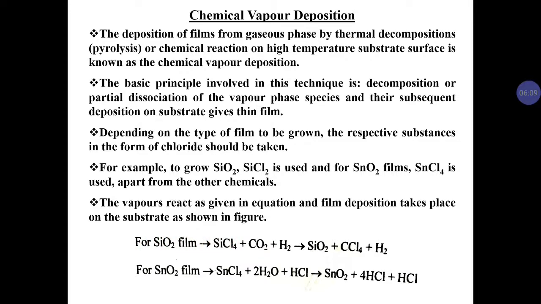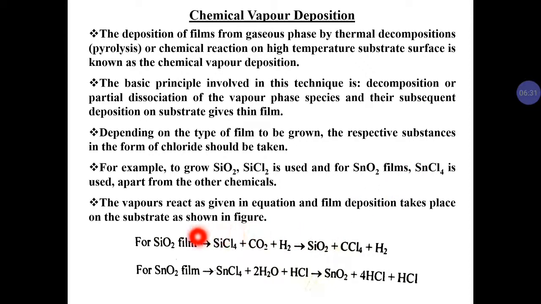So the starting material will be taken in the chloride form, and apart from that, we take a few other gaseous atoms which can be involved in a chemical reaction to form silicon dioxide or tin oxide, as the equation follows.